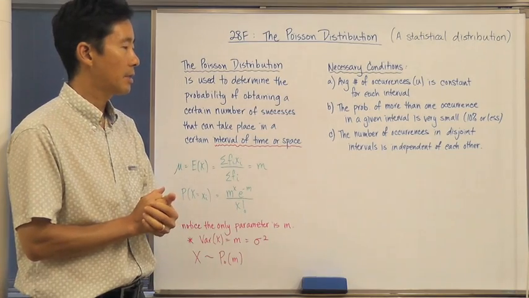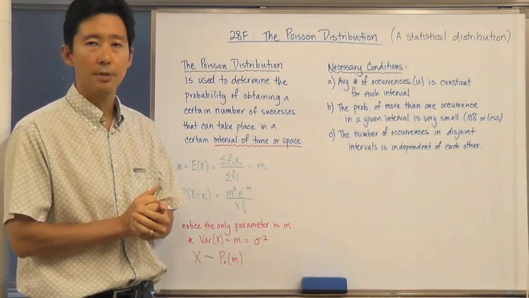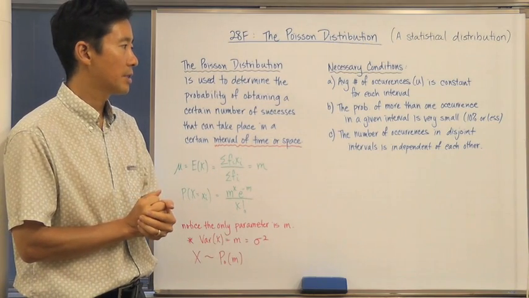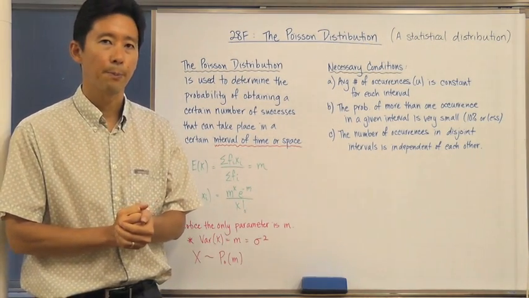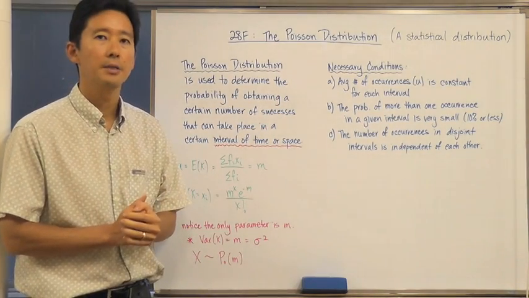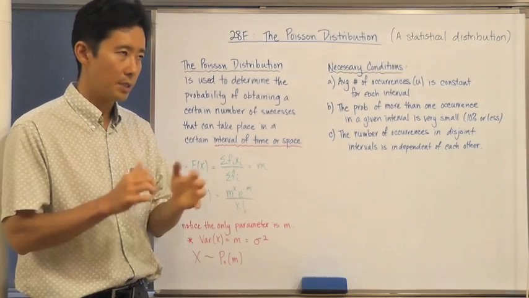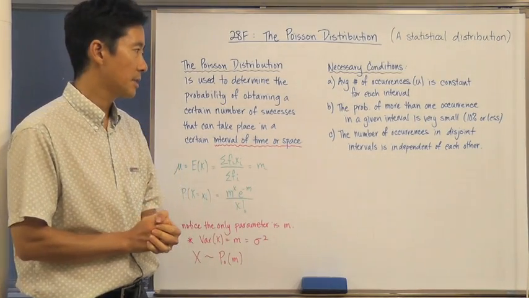Two, the probability of more than one occurrence in a given interval is very small, which is generally 10% or less. And three, the number of occurrences in disjoint intervals is independent of each other. Now, we'll take a look at some of these conditions and how they apply to some of those Poisson distributions that we will see in these exercises.